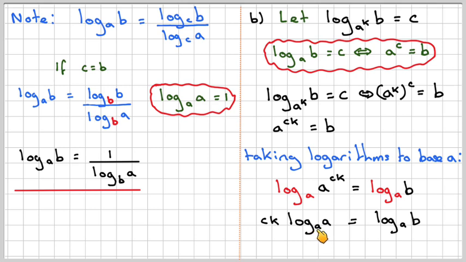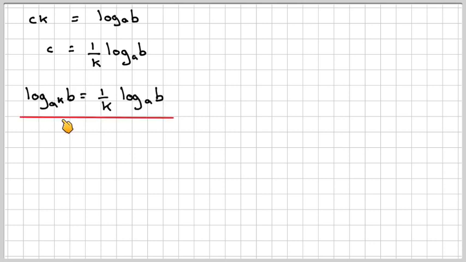Now log to the base a of a, which we said is 1, so we're going to have that ck is equal to log to the base a of b. And then we're going to divide by k. So c is 1 over k log to the base a of b. And because c was equal to our original statement, log to the a to the k of b is equal to 1 over k log to the base a of b.